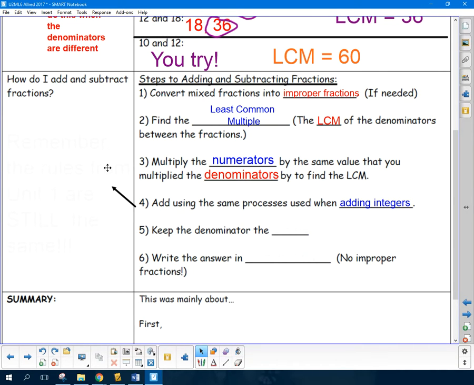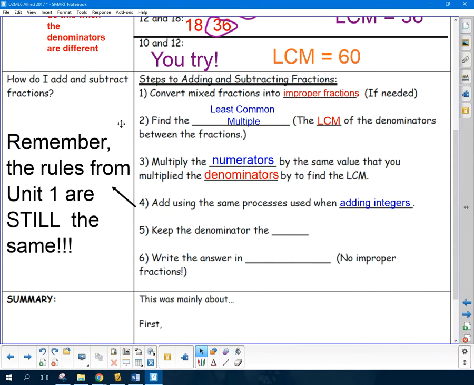As always, math is like building a house. We keep building on ideas. All the rules from Unit 1 are still the same. So everything we talked about when we added integers with the positive and negative chips, all that jazz, is still the same here when you're adding and subtracting fractions. When you're done and you think you have a final numerator, keep the denominator the same.